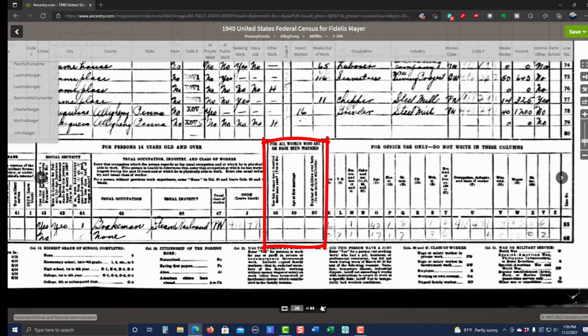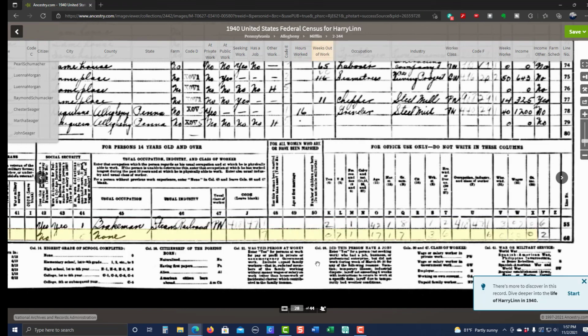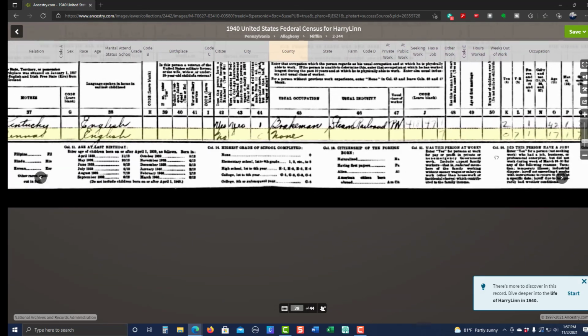Now, some of these questions were asked in previous census years. Age at first marriage, specifically. And then in column 50, a number of children ever born. And the instructions say do not include stillbirths. Some previous censuses will ask for the number of children that the woman has given birth to and how many are still alive.